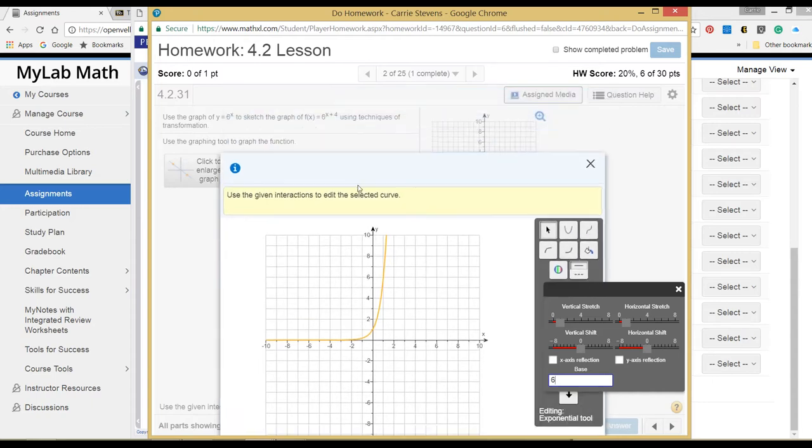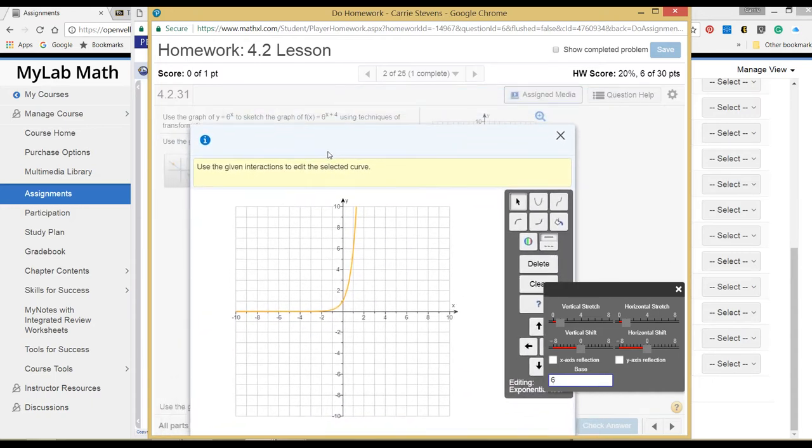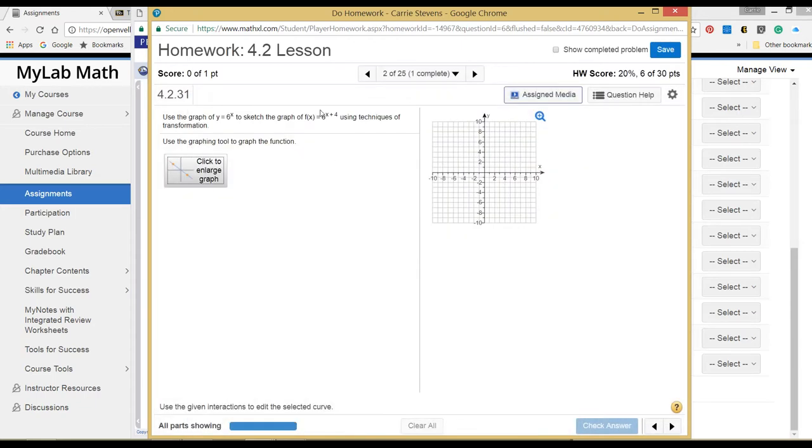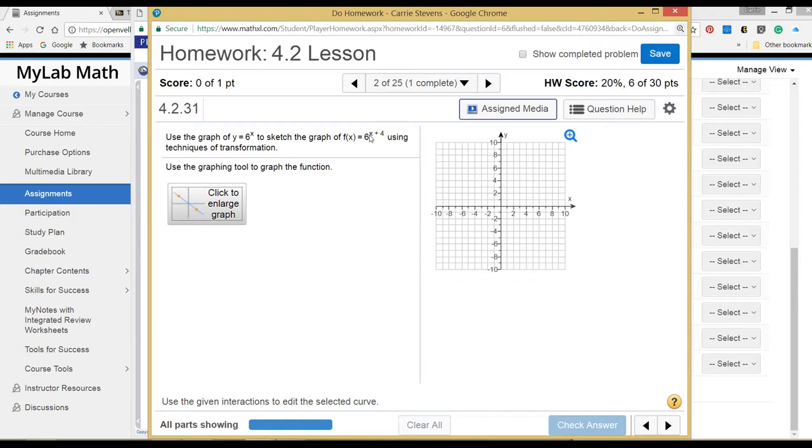So what was this one? Let me close this out for a second. 6 to the x plus 4. Now the plus 4 is actually in the exponential part, which means it's a horizontal shift. It's being applied to the x value. And remember that we move the opposite direction with this. So you might think, oh, x plus 4, so I'm going to move 4 to the right.